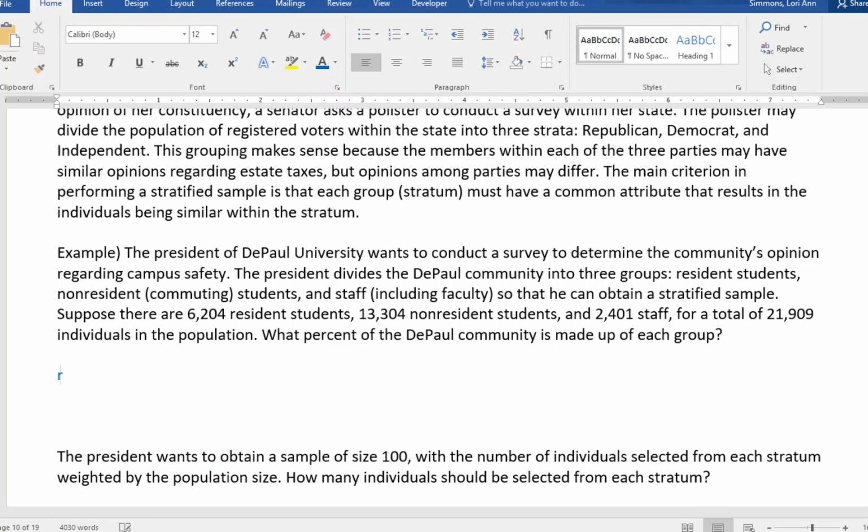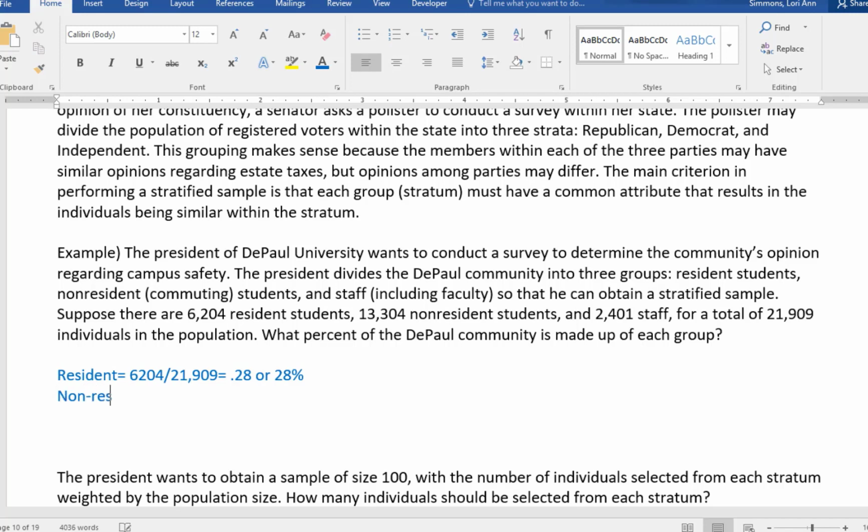So for the resident, we would take the total of residents, so 6,204, and divide that by the total amount to give us 0.28 or 28%.